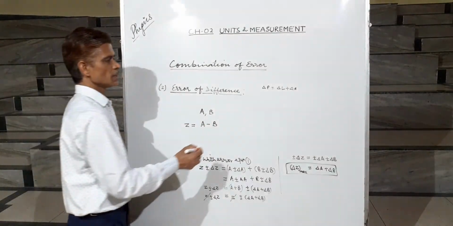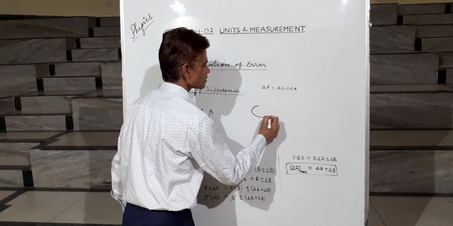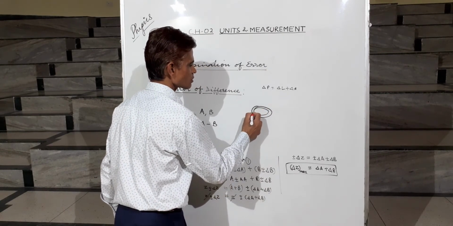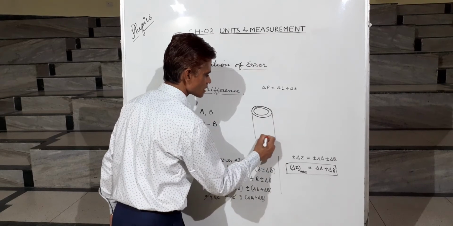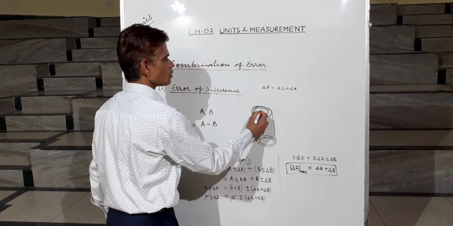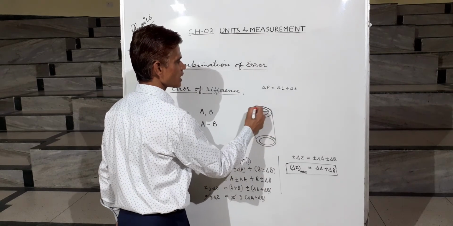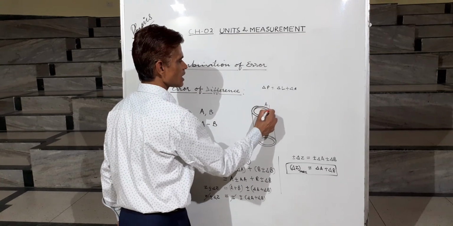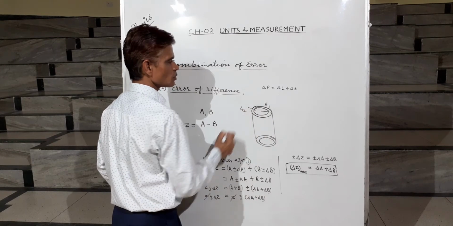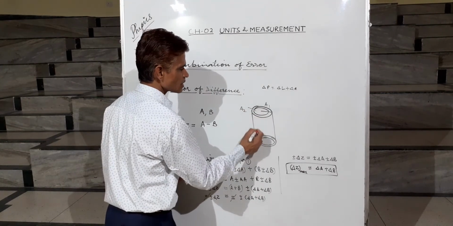For example, suppose that this is a columnar structure. Now, what is the area? The outer area, suppose, is A1. Now, what is the inner area? This inner area is A2. So what is the area of this?